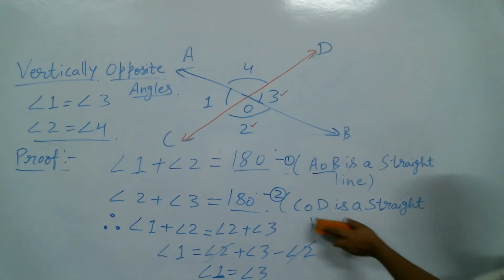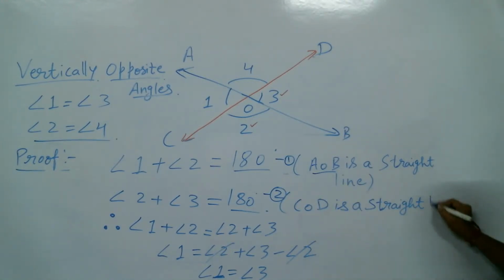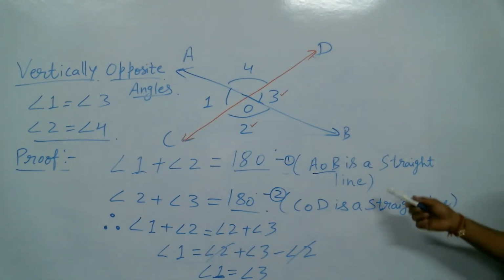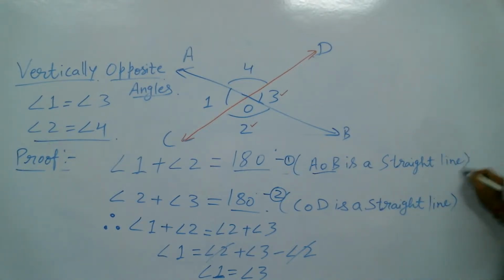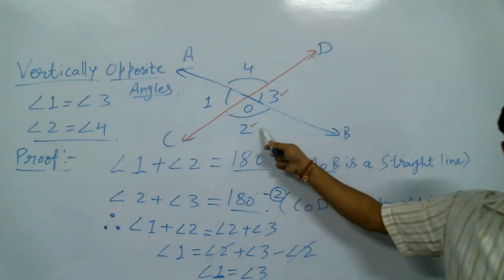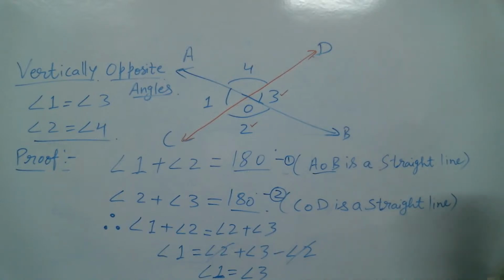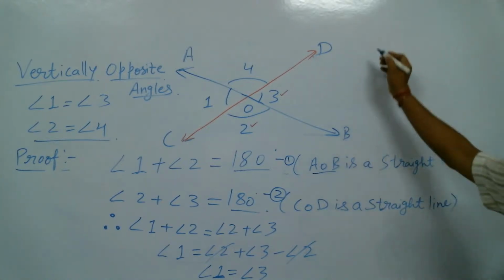This is very important. यहां पर reason क्या है कि this AOB and COD, they are straight lines. So the sum of these two angles is 180. 2 plus 3 is also 180. 1 equal to 3. Okay, note it down.